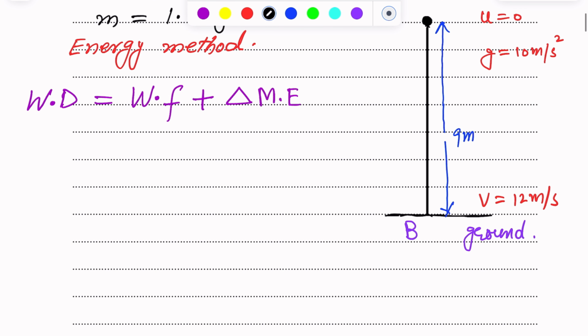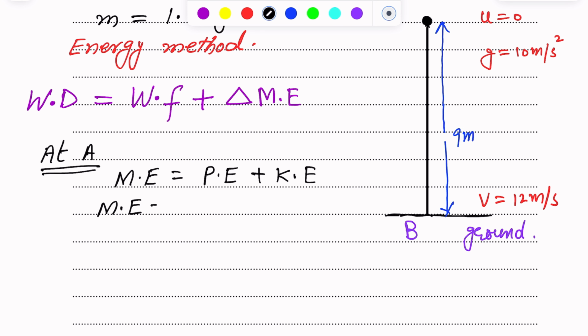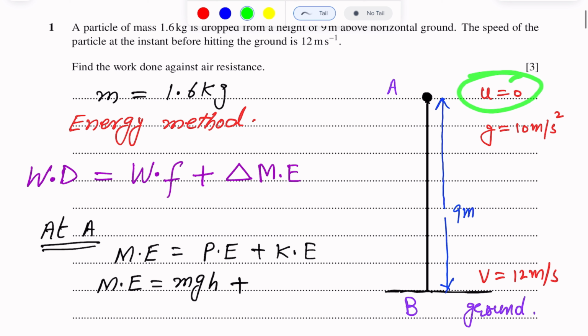At point A, mechanical energy is potential energy plus kinetic energy. Potential energy is mgh plus kinetic energy is 0, because at point A initial speed is 0.